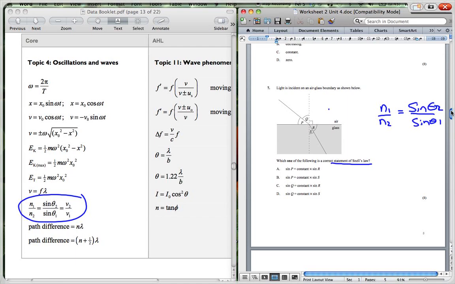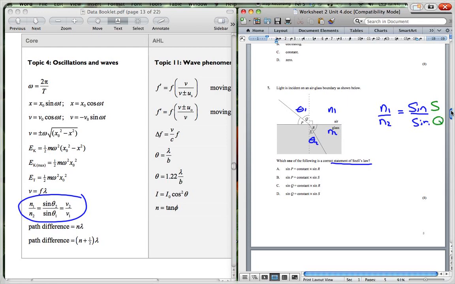Now let's make this n1 here, and let's make that n2 here. If I put this in here, this over here is going to be theta 1, and this is going to be theta 2. So if I change my theta 1, theta 2, theta 2 is S, and theta 1 is Q, like that.